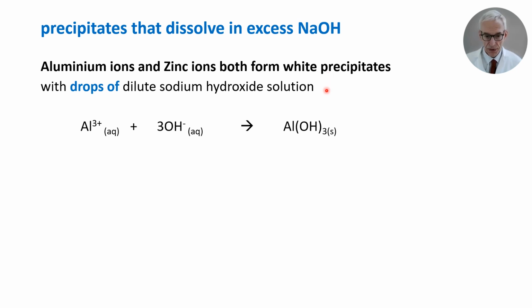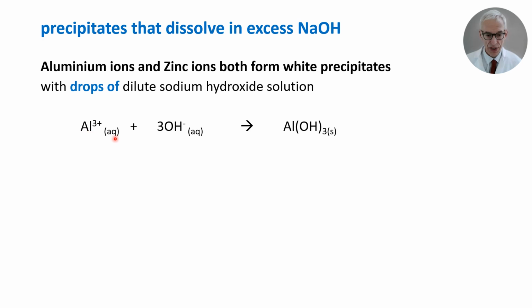So with drops of dilute sodium hydroxide, we form the precipitate. In the case of aluminium, Al(OH)3, the aluminium hydroxide, and we indicate that it's a solid by the state symbol S. So here is our model ionic equation.